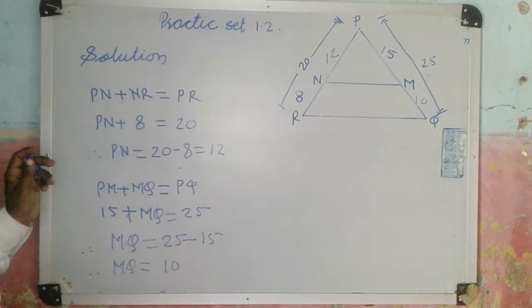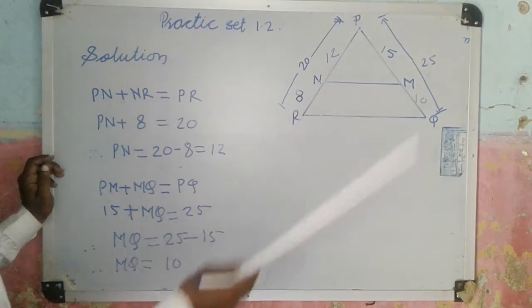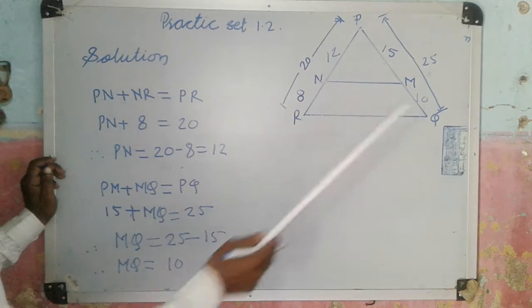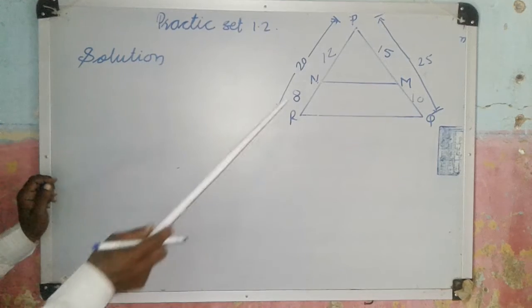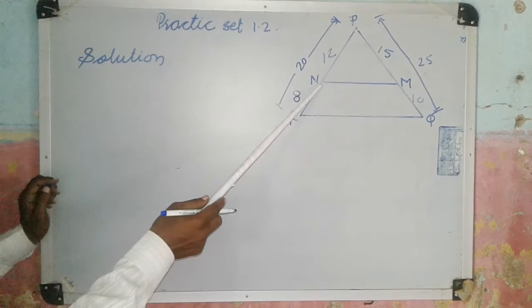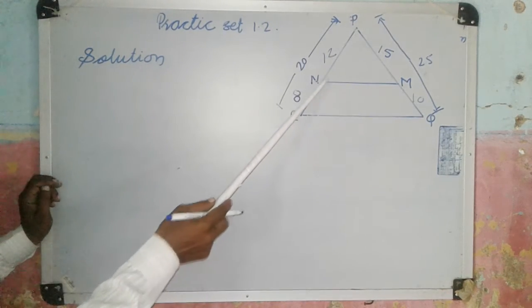Now we will state whether NM is parallel to RQ or not. Now, first we will take the ratio of PN to NR.